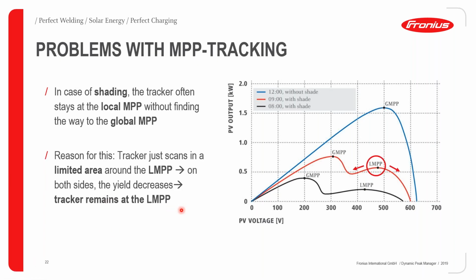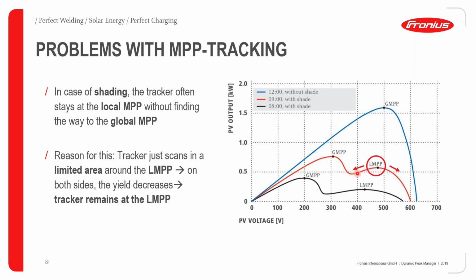Going further, let's look at the potential pitfalls of ordinary maximum power point trackers. In case of shading, most trackers that are not intelligent enough are going to be stuck at what is called the local maximum power point.